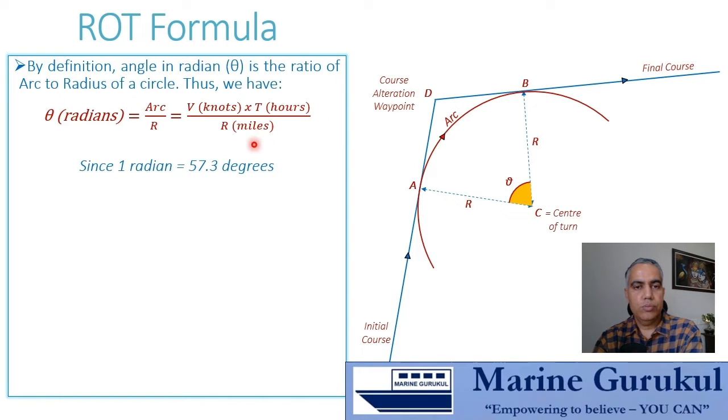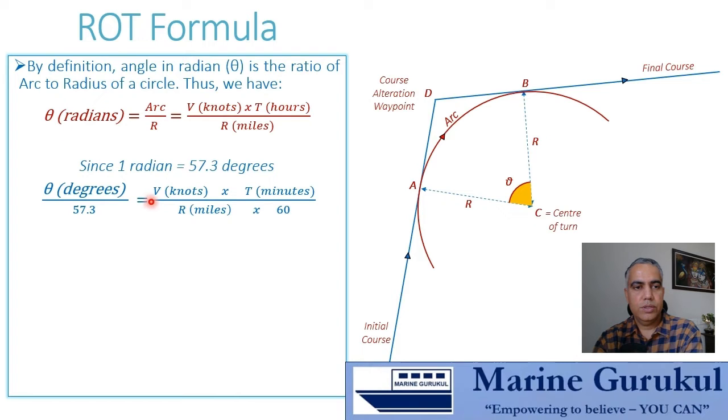For that, we should be aware that 1 radian is equal to 57.3 degrees. So in this formula, instead of writing the angle in radians, I want to input my angle in degrees, and this angle input in degrees divided by 57.3 gives me the same value as the angle in radians.